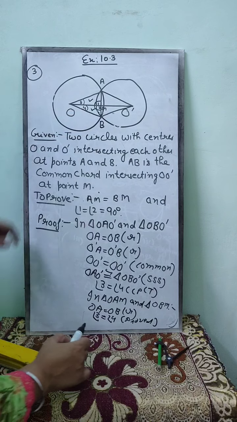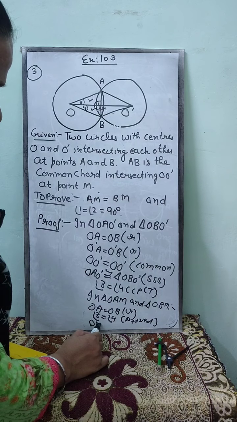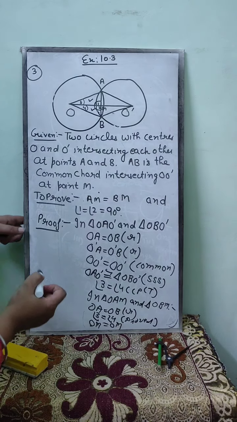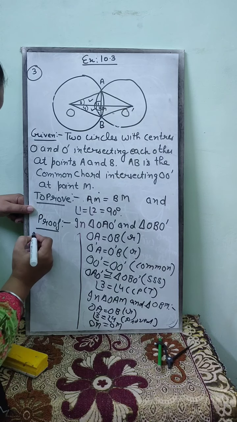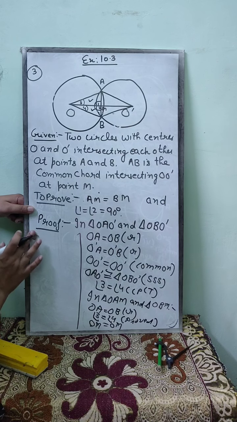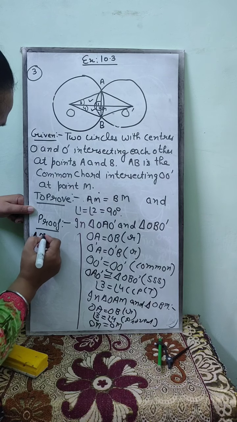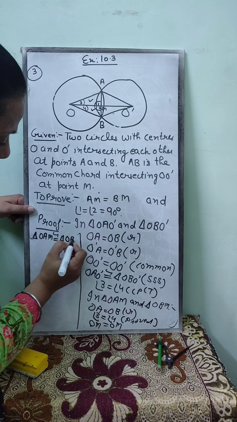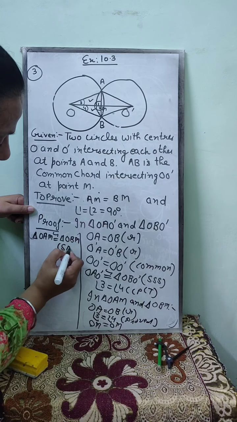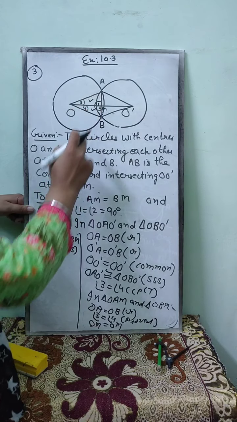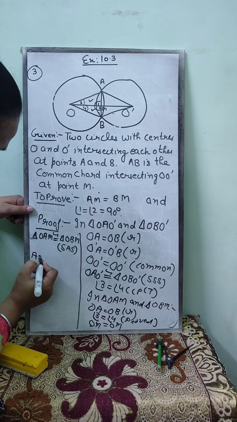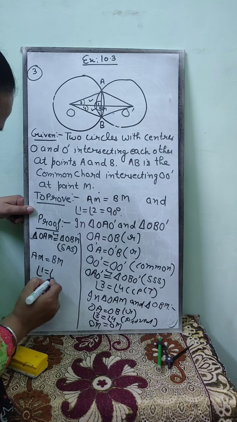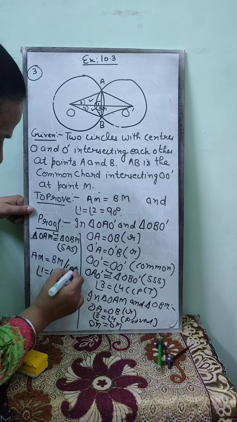And OM is equal to OM, common. These two triangles are congruent. Triangle OAM is congruent to triangle OBM by SAS. So AM is equal to BM and angle 1 is equal to angle 2 by CPCT.